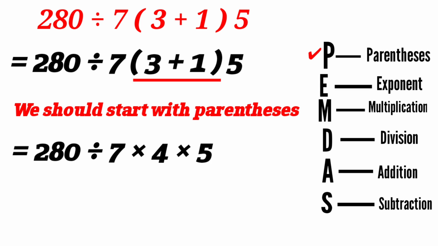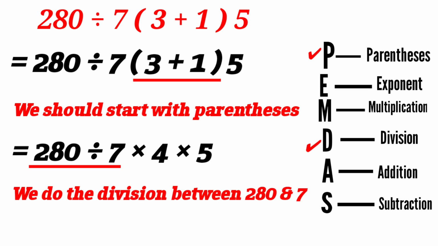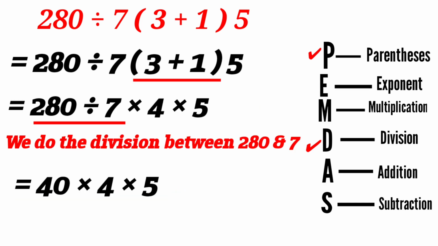That is equal to 280 divided by 7 times 4 times 5. D stands for division. We do the division between 280 and 7, which is equal to 40 times 4 times 5.